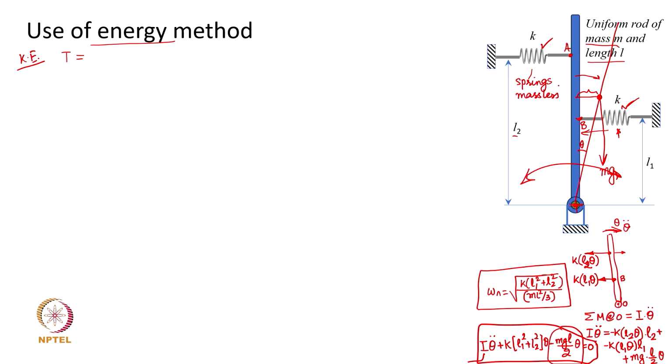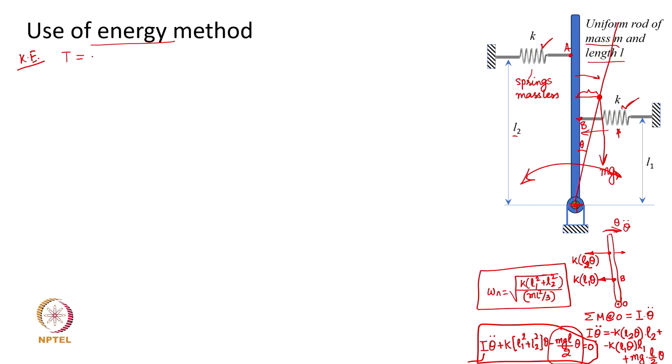You can include the mass of the springs, and then of course the expression will change, but we will take another example later to bring in the mass of the springs into the governing equation. But here let us assume the springs massless.